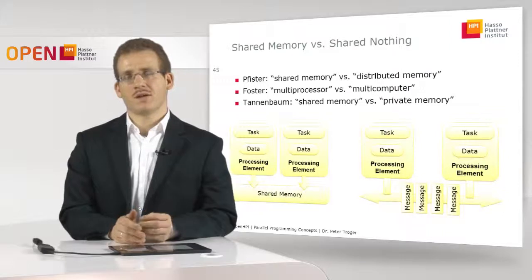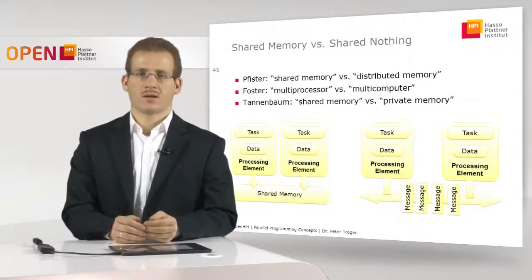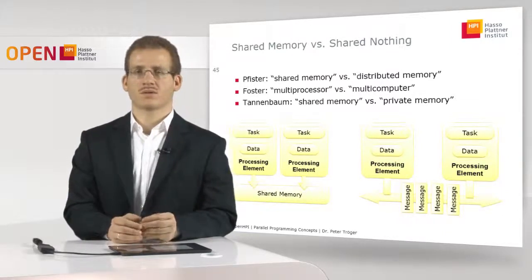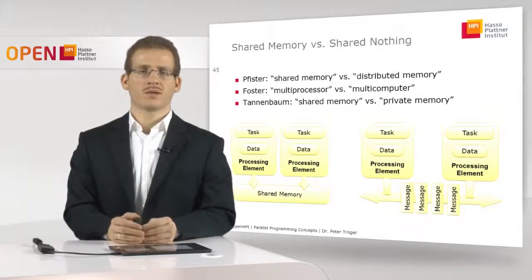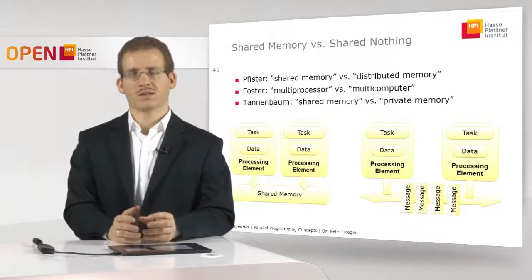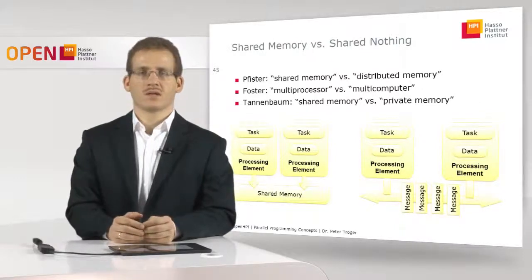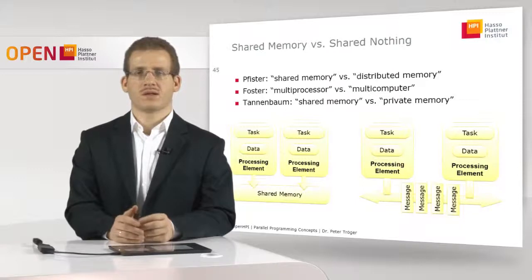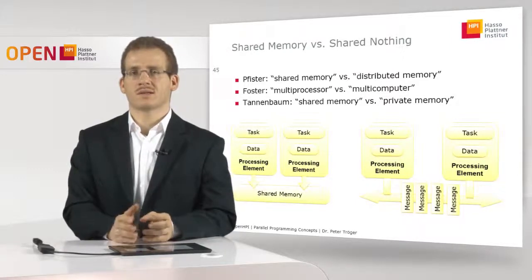Shared memory and shared nothing systems is again a well-known classification for a long time, so this is nothing new. The problem with these terms is that they are not used in the same way everywhere in the literature. So this slide tries to give you an idea how other people call this distinction.